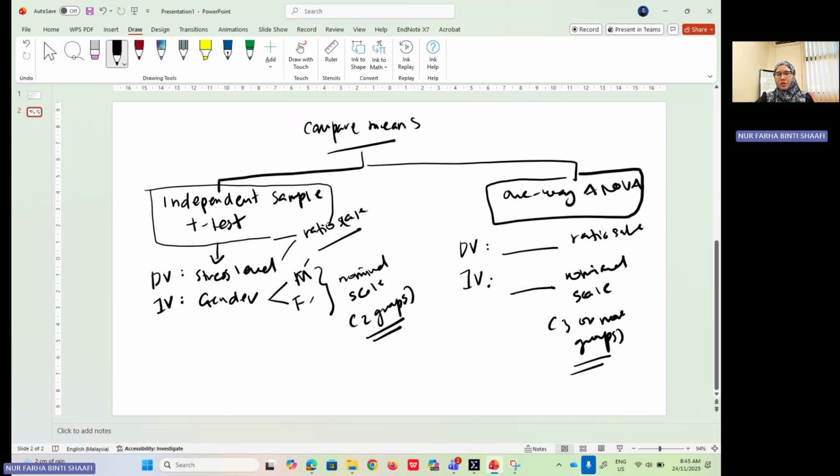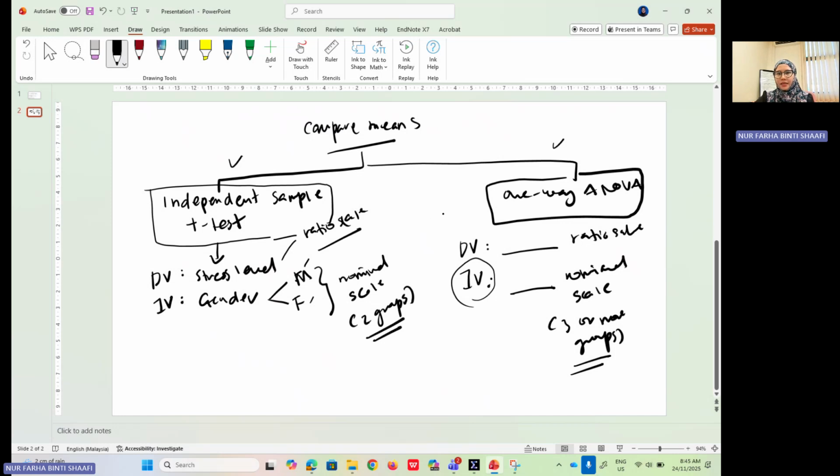Whenever you see your data, you're comparing the means. Remember, you're comparing the means, and if you're confused whether to decide on the independent sample t-test or one-way ANOVA, you look at the IV. If the IV consists of only two groups, for example gender, male and female, you use the independent sample t-test.